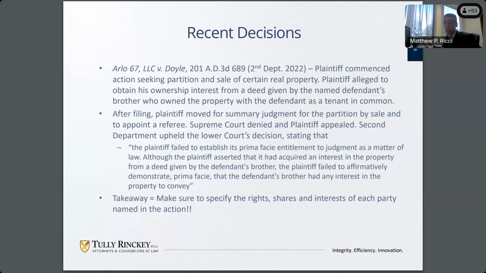So a takeaway of this is to make sure to specify the rights, shares, and interests of each party named in the action in the complaint that's being filed. Failure to do this may have the action be dismissed altogether, or may prevent the courts from allowing a partition by sale.